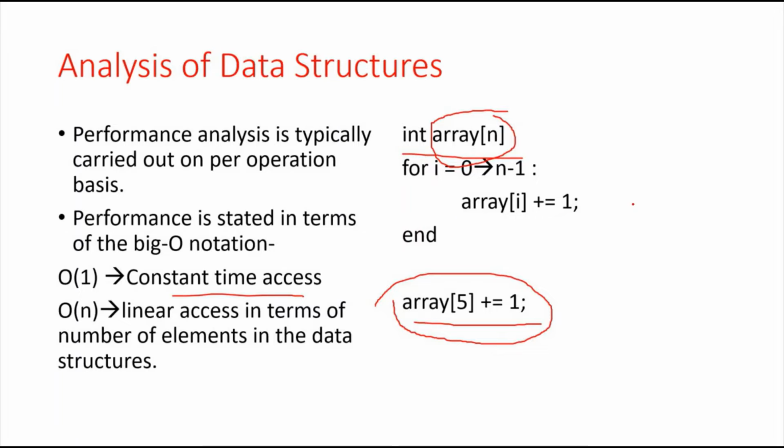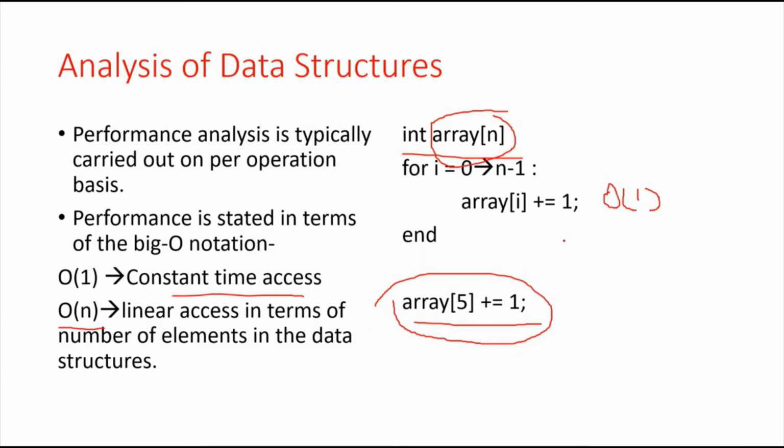This is a big O of 1 step, and we are performing this operation n times, means this is a big O of n step operation, total big O of n.